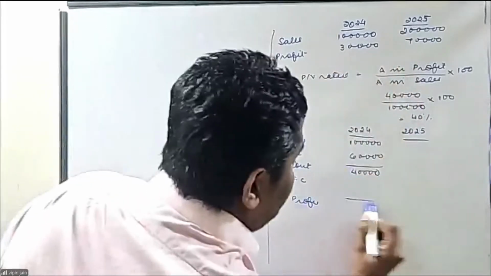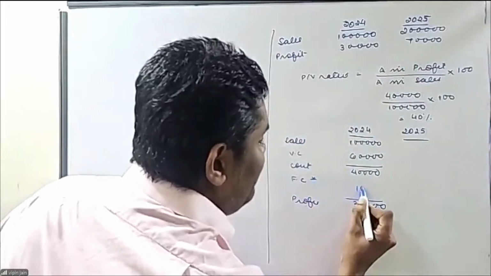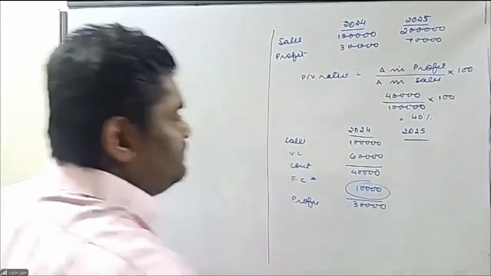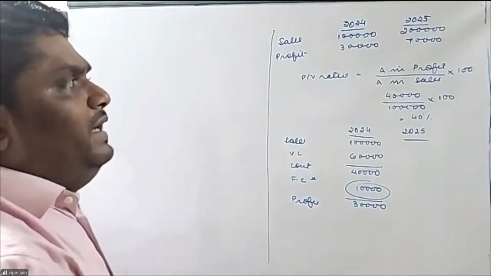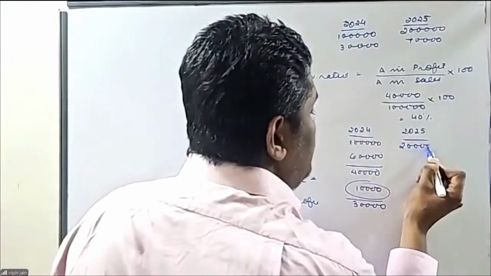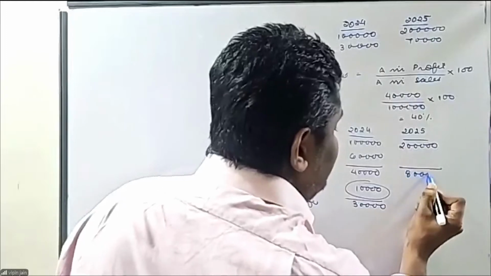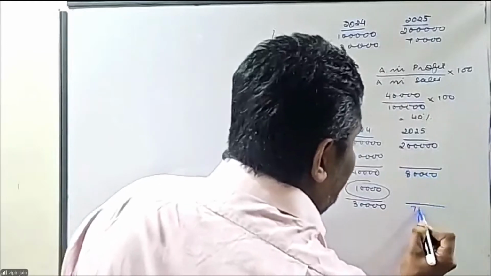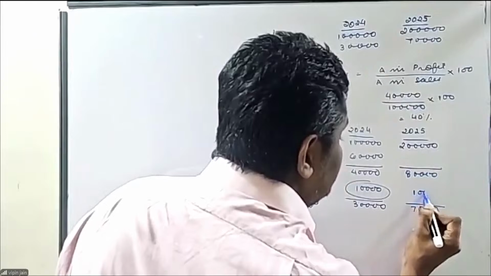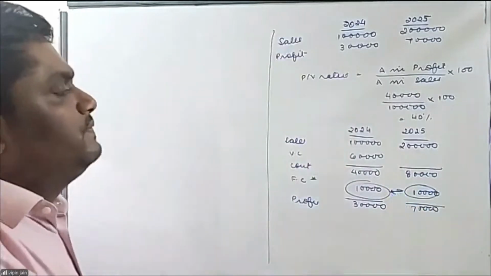My profit is given, that is 30,000. It means the balancing figure will be my fixed cost, that is 10,000. Similarly, in 2025, again my sales is 2 lakh. My PV ratio is 40%, it means 80,000. My profit is 70,000, so my fixed cost is 10,000. It is the same in both the years.